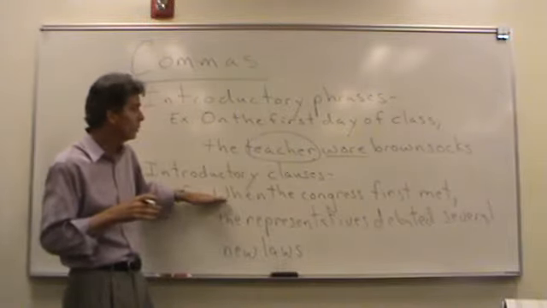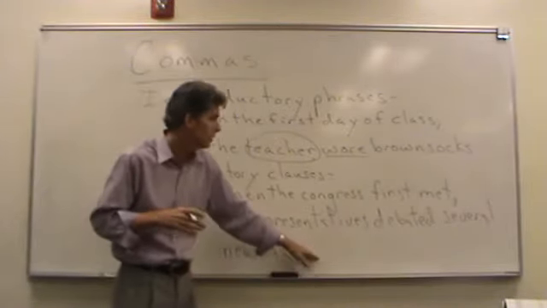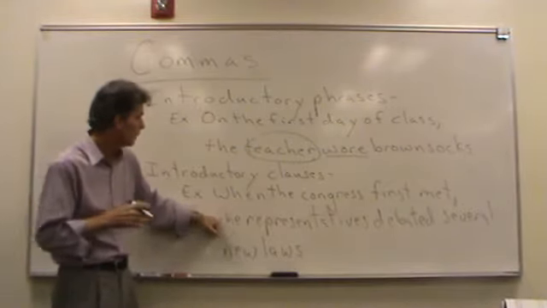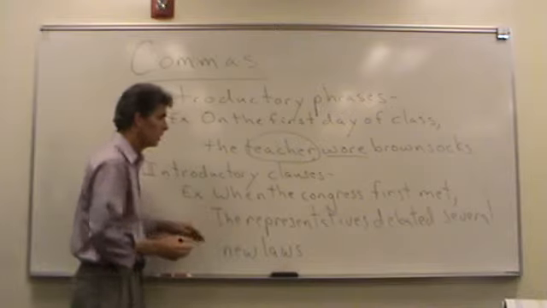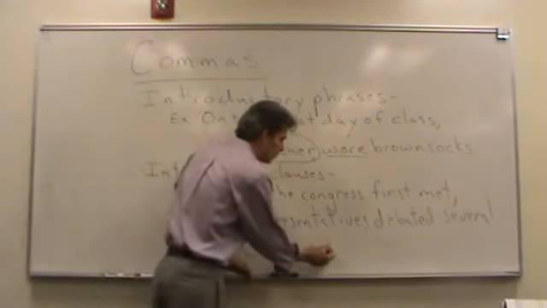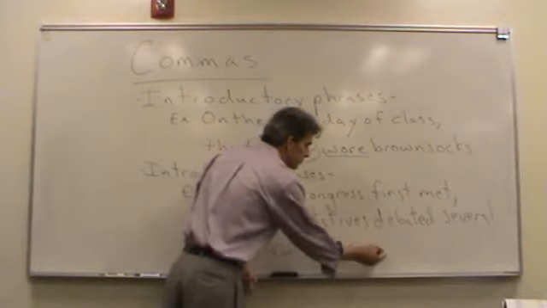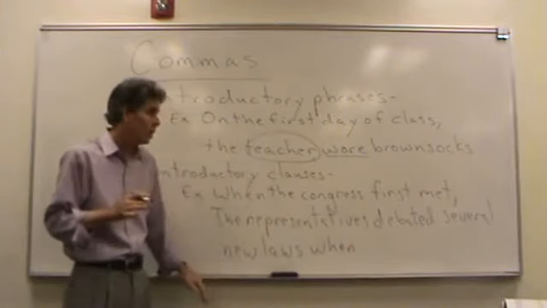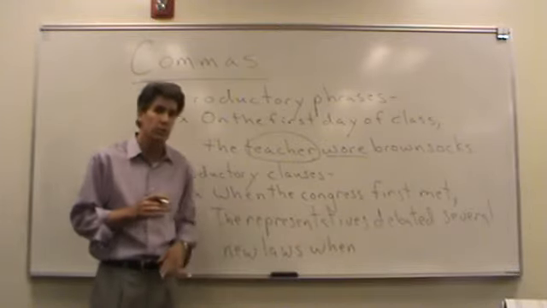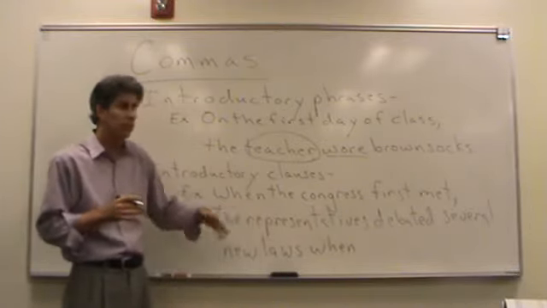So if I move when the Congress first met to the end, the subject and verb of the independent clause now start the sentence. The representatives debated several new laws when the Congress first met. So you no longer need a comma. You would not need a comma here before the subordinating conjunction because that subject and verb are already clear.